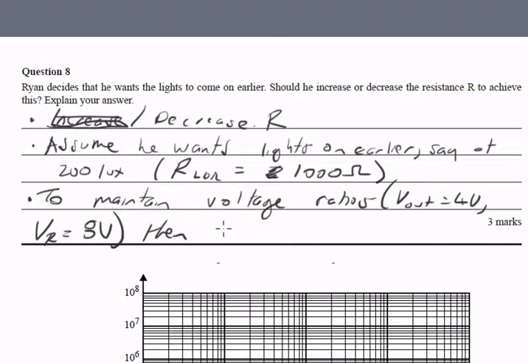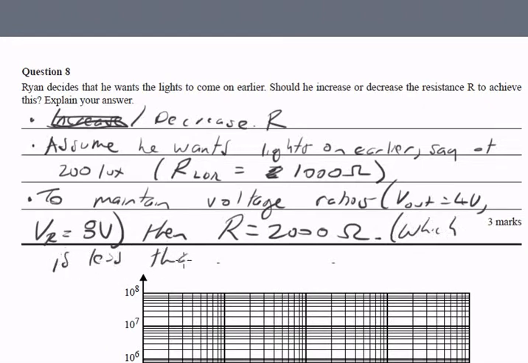Then the resistance R equals 2000 ohms, which is less than the original 20,000. There we go.